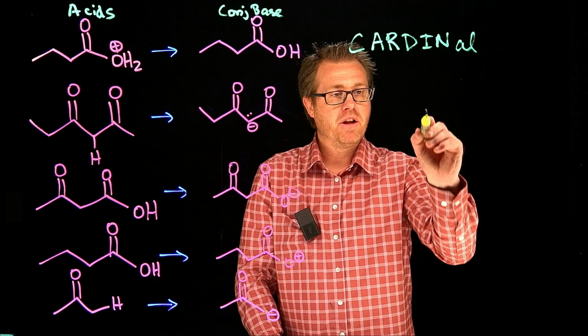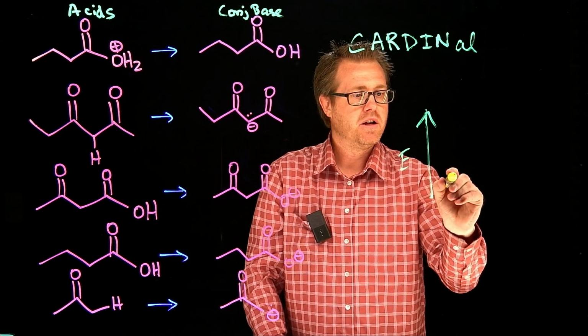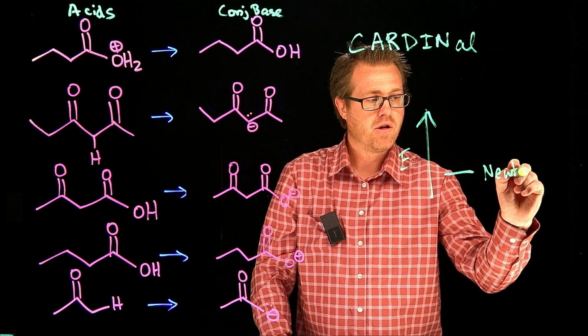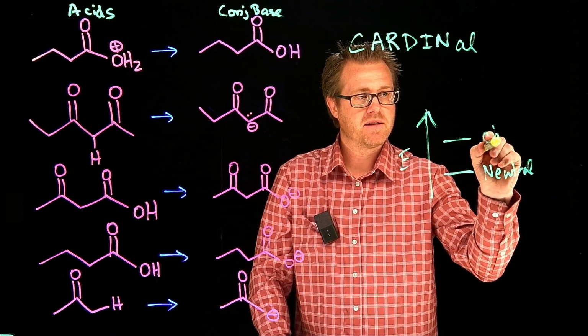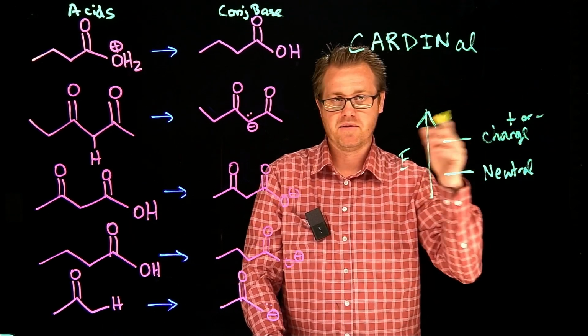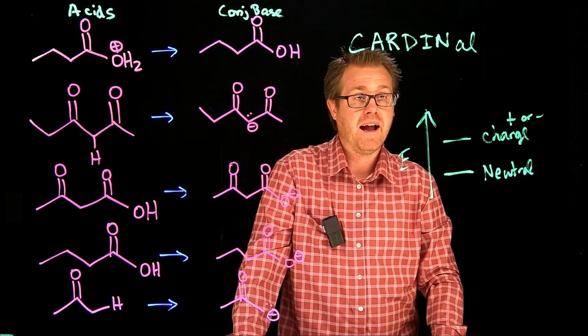And we have learned that when you have a neutral species, if this is energy, a neutral species is typically lower in energy than a charged species. And that could be a plus charge or a negative charge. Positive or negative, charged species are just typically higher in energy.